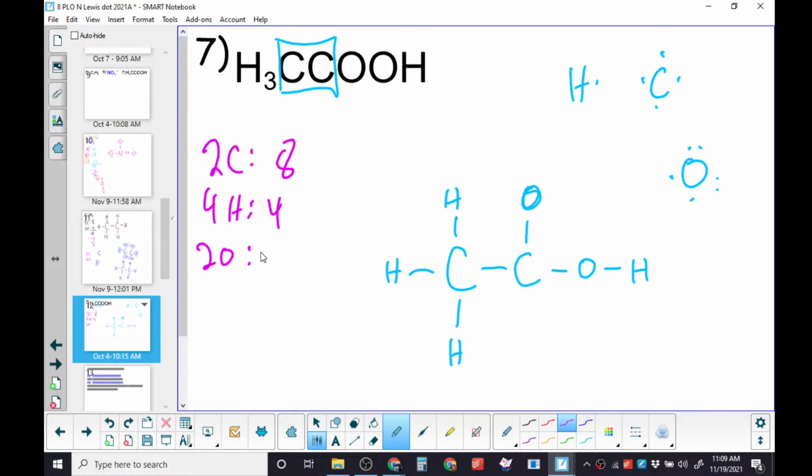And from the 2 oxygens? 12. So 8 plus 12, 24. Then we have to minus 2 for every bond we have. So we have 1, 2, 3, 4, 5, 6, 7 bonds just from setting it up. So 7 times 2, we have to minus 14.